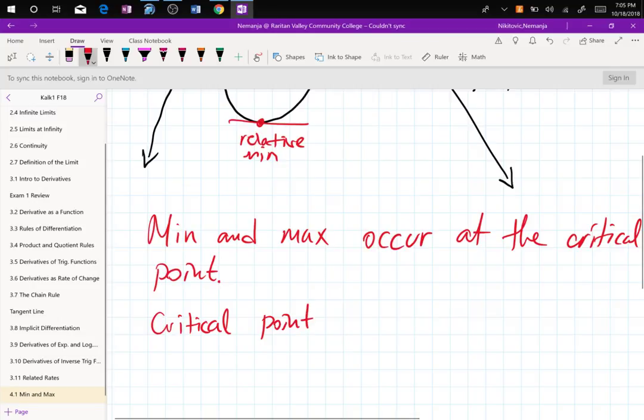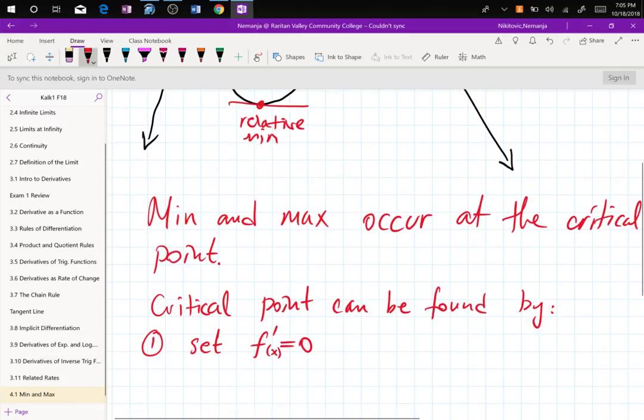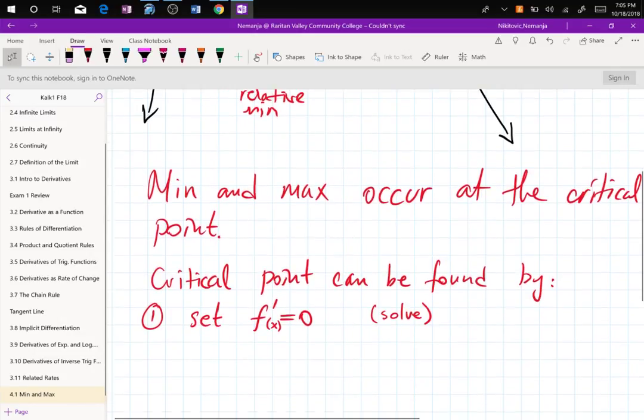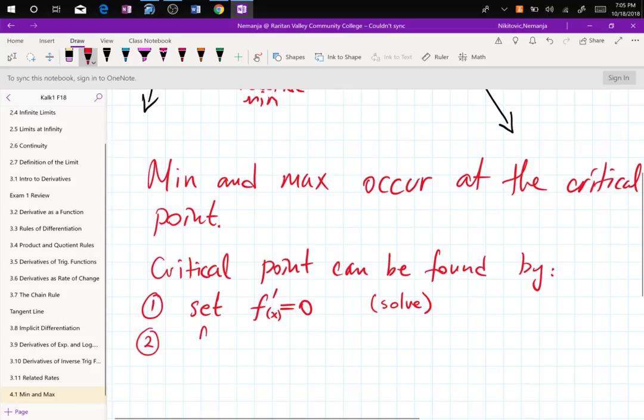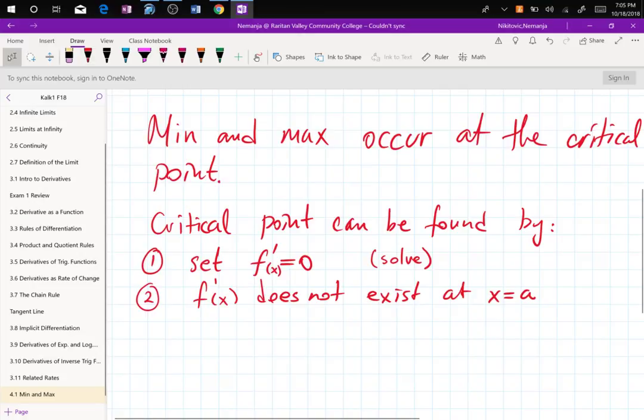A critical point can be found by, number one, set f prime of x equal to 0 and solve. Number two, f prime of x does not exist at x equals a, which is the point of interest. There we go, we're done.